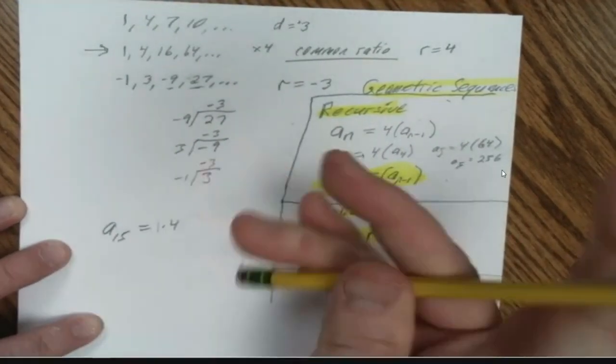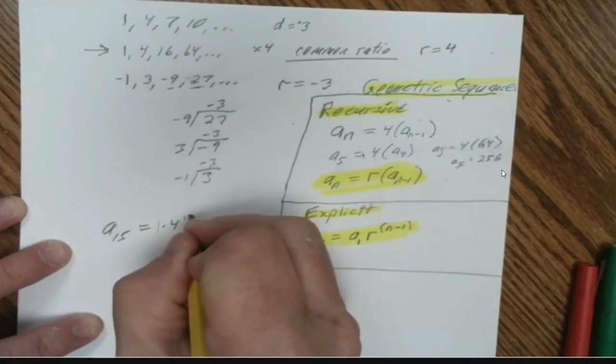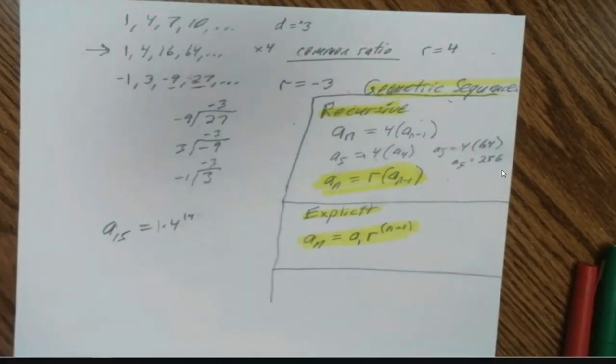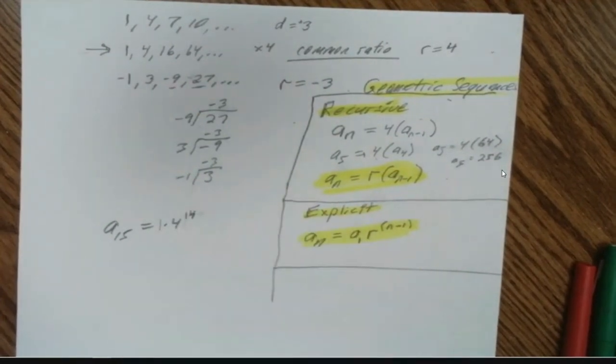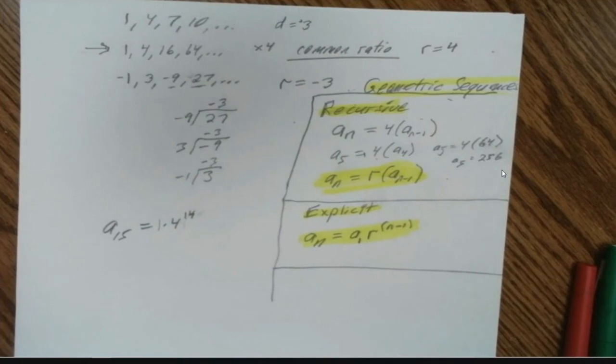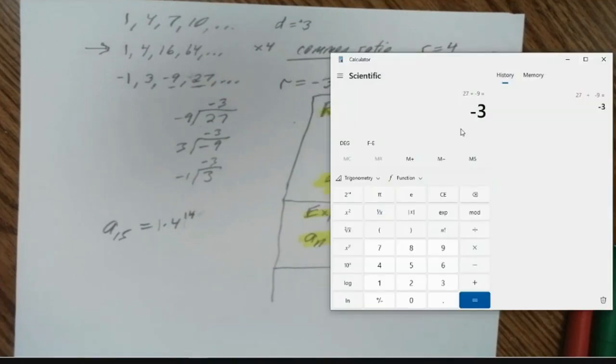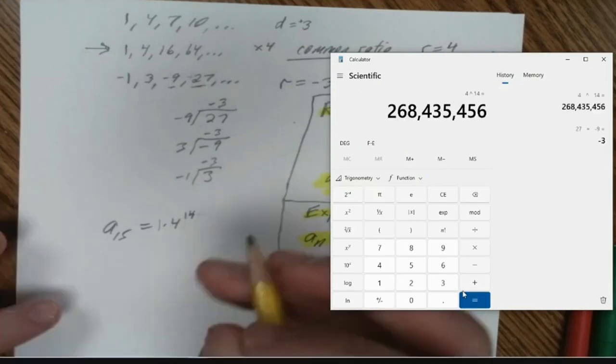I don't need the parentheses if I'm just going to put it as the power. 4 to the 14th power. Okay, let's get that calculator back out here. Clear everything. 4 to the power of 14. It's big.